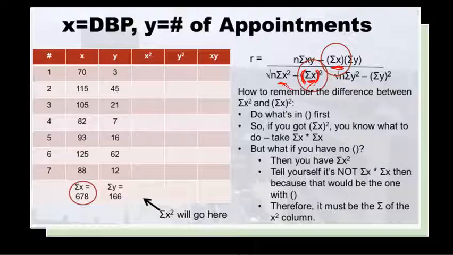Whenever you put this in this section, make sure you keep the parentheses there. When you start to work the equation, then you're going to square this. It's not going to be the other way around. We're not going to take it from x squared up here. Those are two separate things.